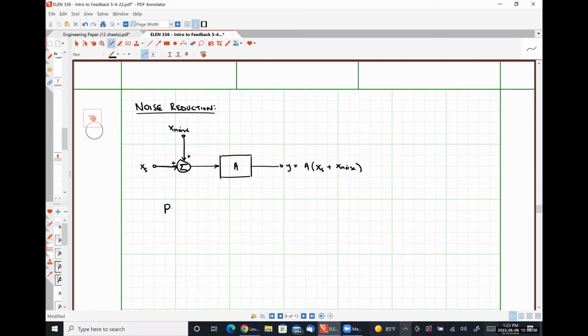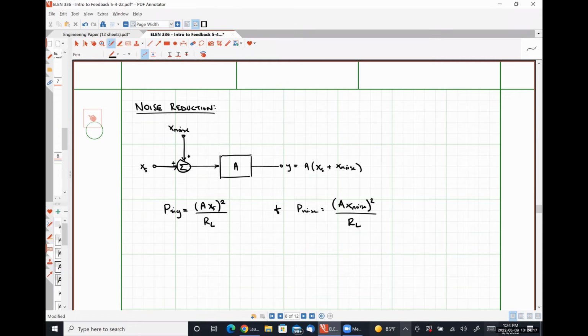A signal power, so this is the part that we want, which would look like A XS quantity squared over RL, and then a noise power, which would look like A X noise quantity squared over RL. In this case, we're assuming that our signal and noise quantities are voltages, but this would work just as easily if the signal and noise quantities were currents.